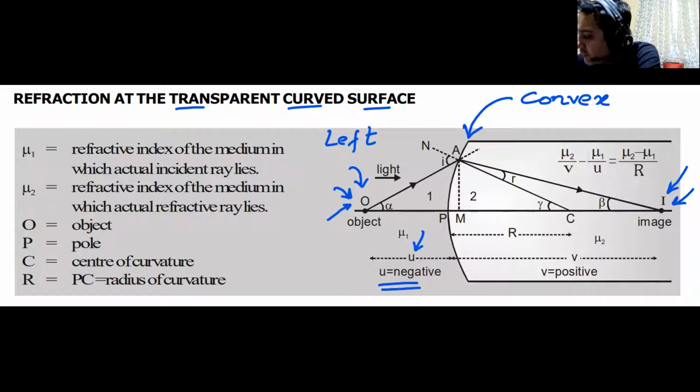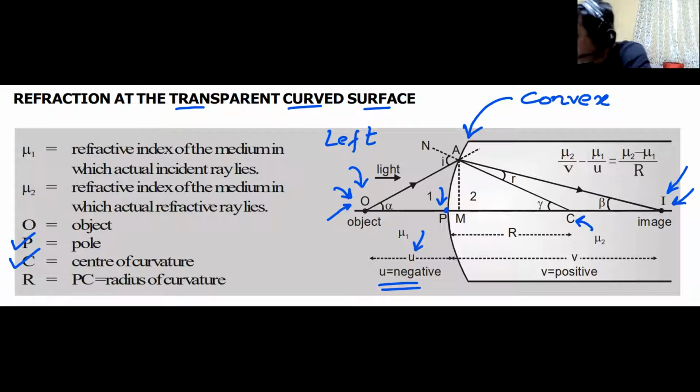In this surface, we see something known as P, which is this point. This is known as the pole of the convex or concave surface. This surface will be part of a sphere, and that sphere would have a center. This C is known as the center of curvature of that surface.